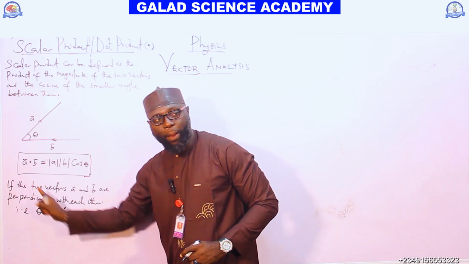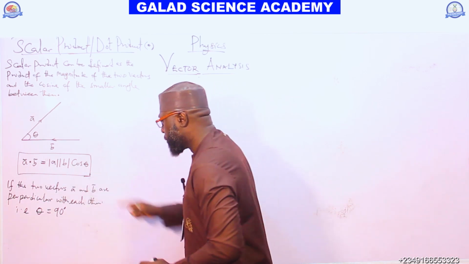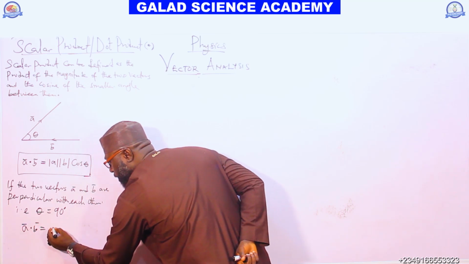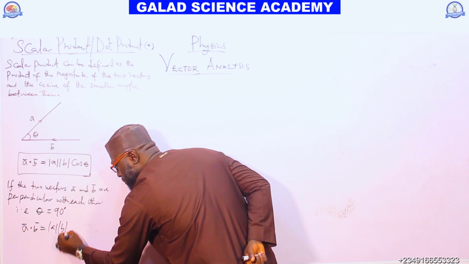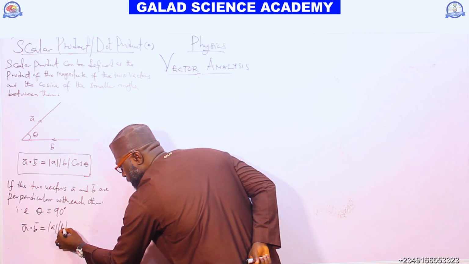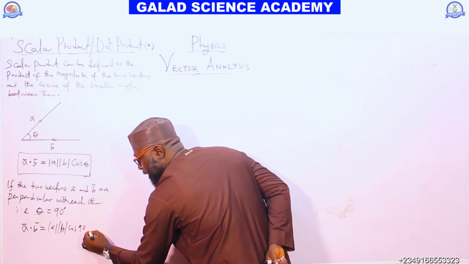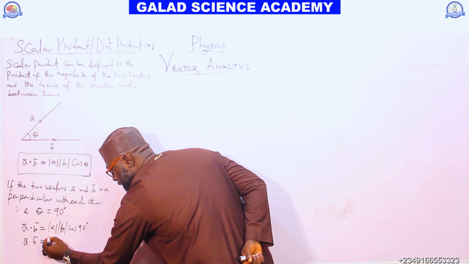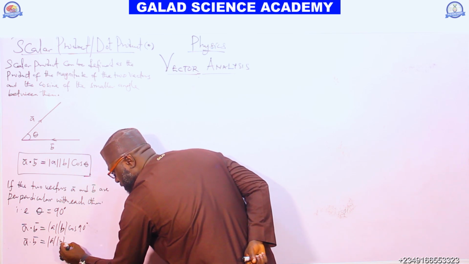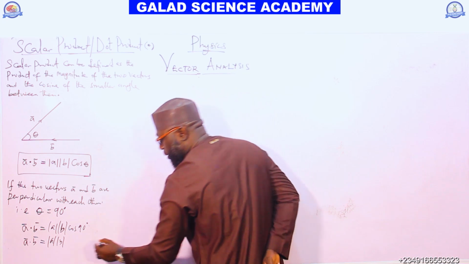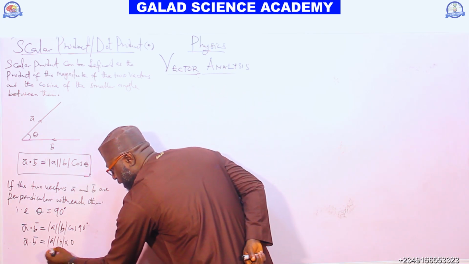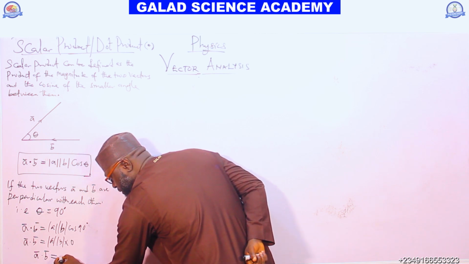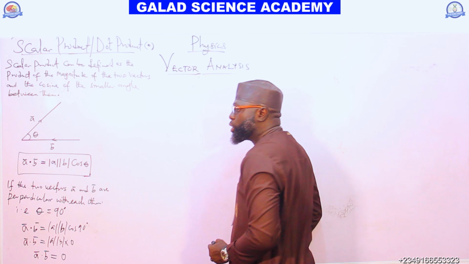What will be the scalar product? A dot B gives you magnitude of A, magnitude of B, cos 90 degrees. Cos 90 is 0. So you have multiplied by 0, and this will give you 0.